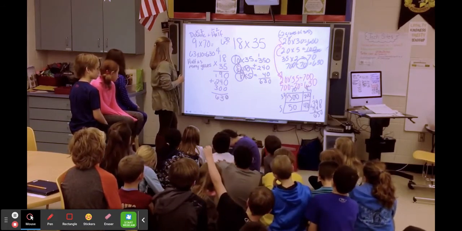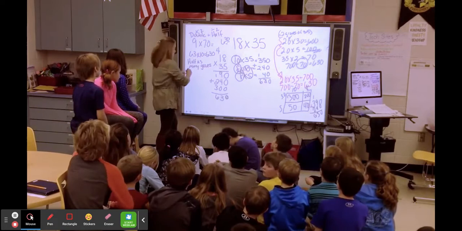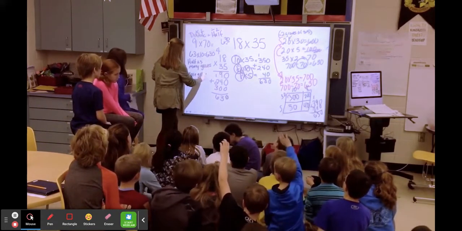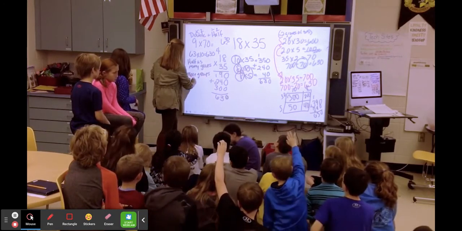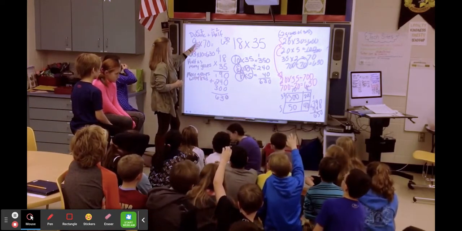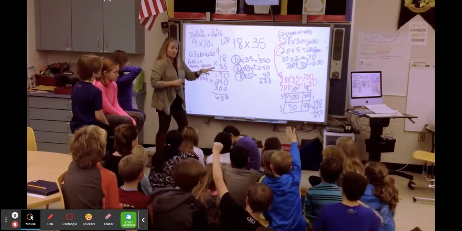Gotcha. So we have more groups with less in it. Good. So we could have half as many groups and more in each group, or we could have more groups with less in each group.